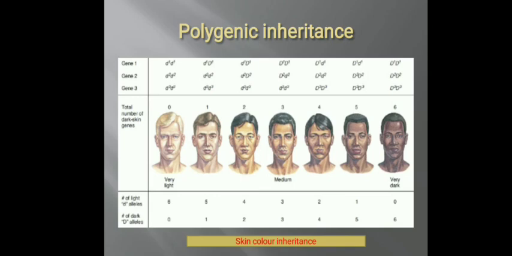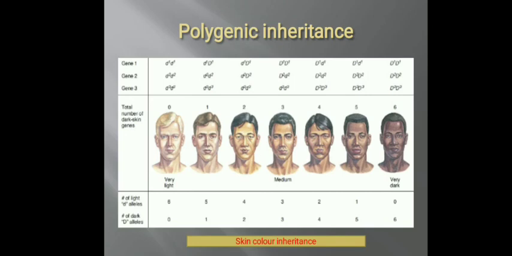In the first case, if you see very light, which we call albino, all three genes are in recessive condition. And if all three genes are in dominant condition, homozygous dominant, then we have this very dark color. And in between we get different shades of colors by different combinations.